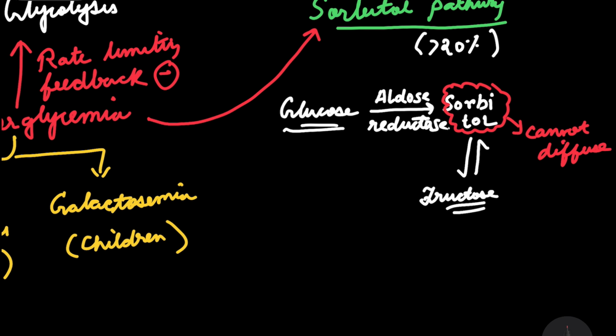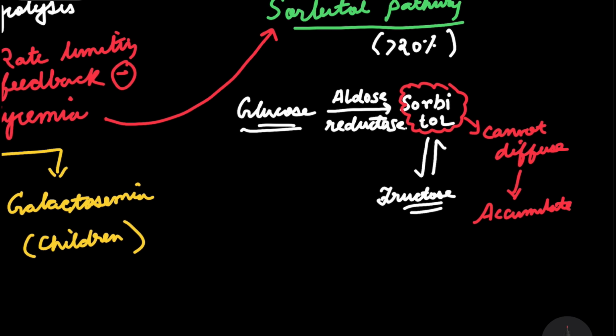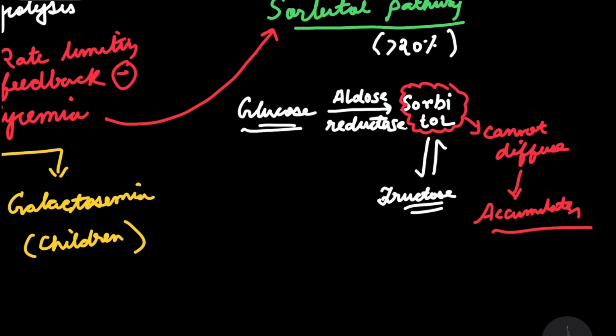So what will happen? The more the sorbitol pathway is active, the more sorbitol is created. The more it is created, the more it accumulates. So the more it accumulates, what's going to happen? Sorbitol at the end of the day, what is it? It is a sugar, right?